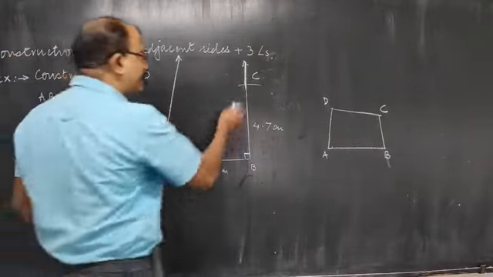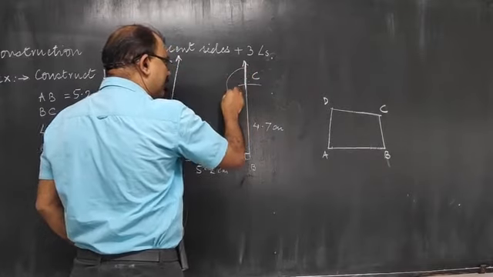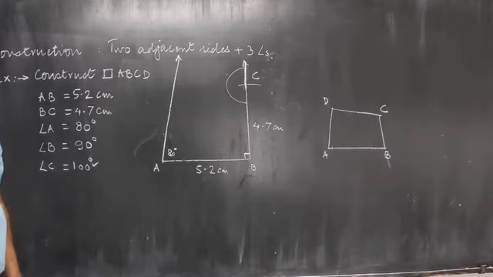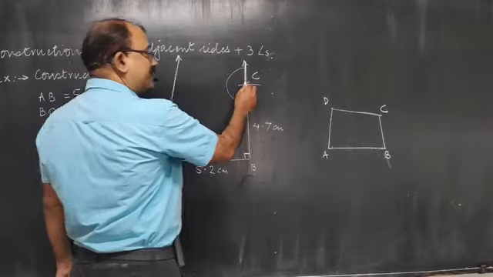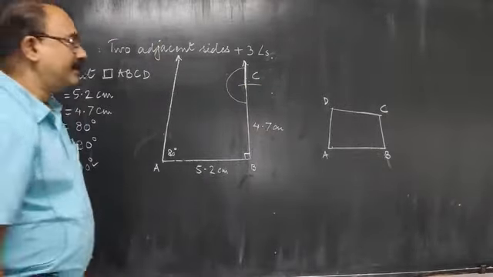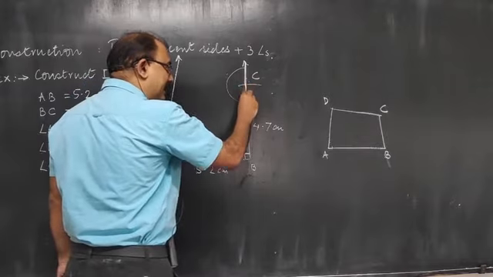So keep the protractor here like this and draw an angle measuring 100 degrees. 100 degrees with what? With the side of the angle. This is the extended part, but that doesn't form the side of the angle. This is the side of the angle.